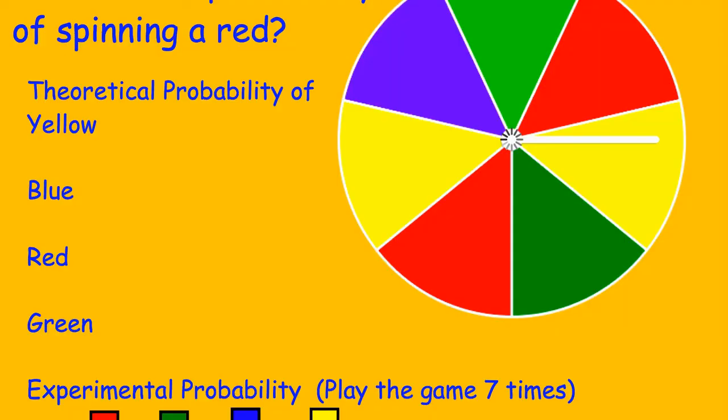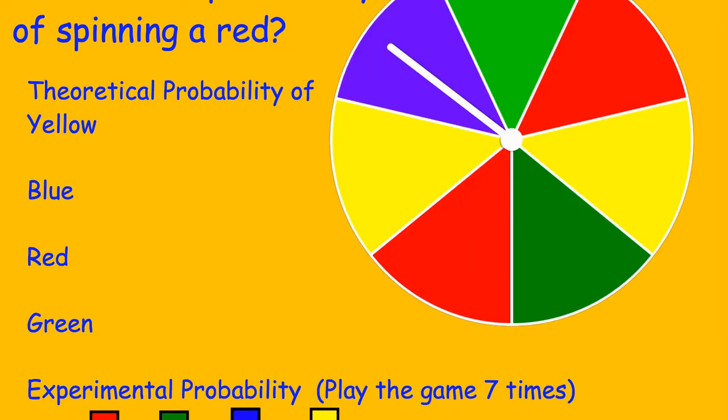All right, let's take a look at theoretical probability. So what is the probability of spinning a red? So theoretical is what we would expect to happen. So we start by counting up the sections. 1, 2, 3, 4, 5, 6, 7 equal sections.